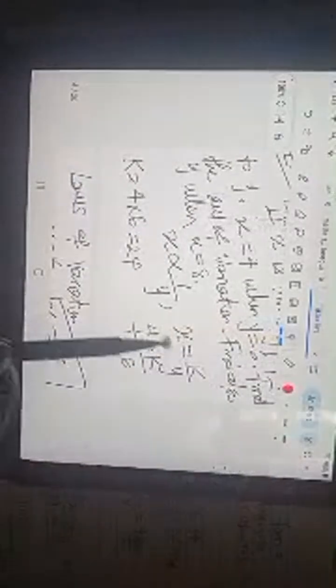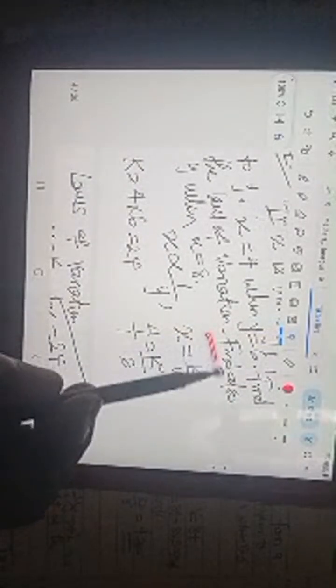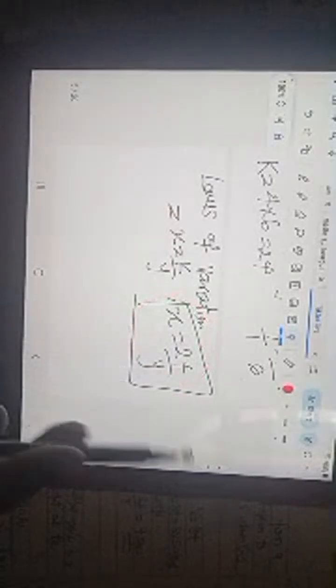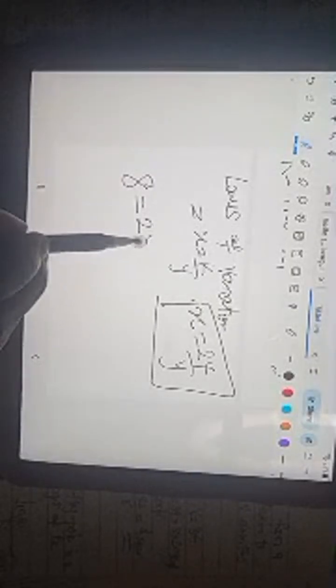So let's now continue. It now said to also find y when x is equal to 8. So when x is equal to 8, from here 8 is equal to 24 over y.